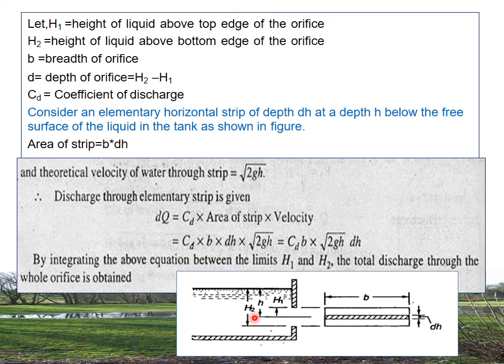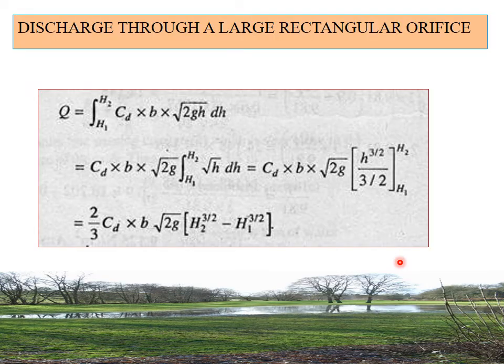By integrating the above equation between the limits h1 and h2, the total discharge through the whole orifice may be found.